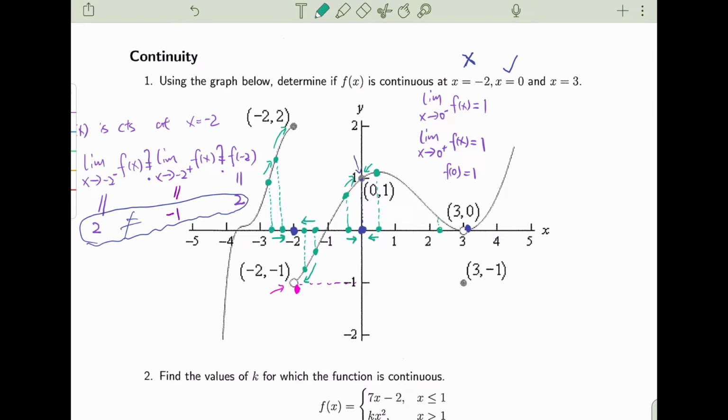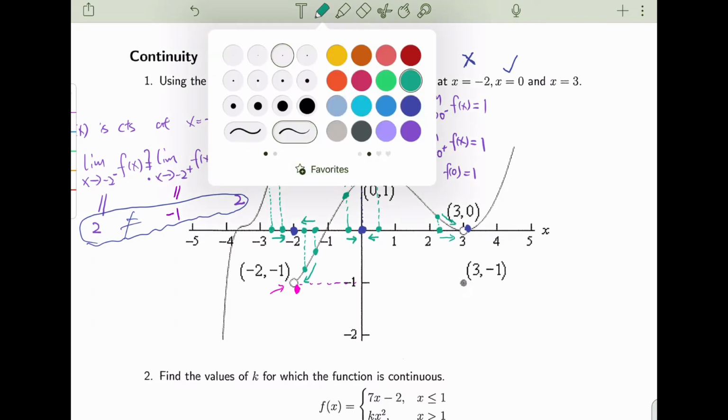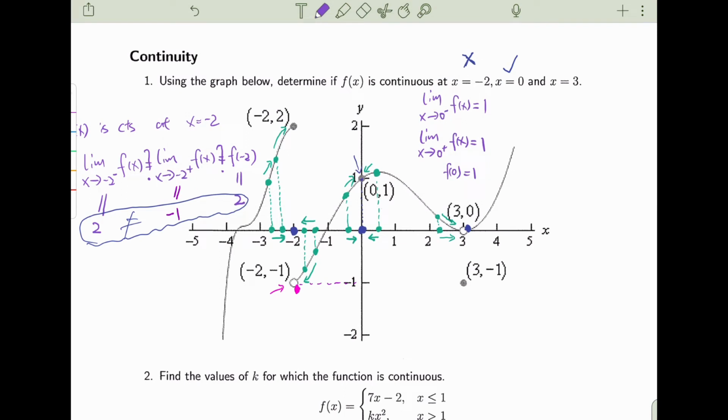Look up to your graph, right? Find the corresponding point, and then drag this point along the x-axis and see where that corresponding point is going. It's going toward the open circle there. So from this, we see that the left limit as x approaches 3 of f of x is equal to 0.